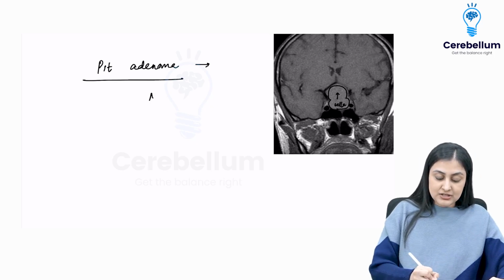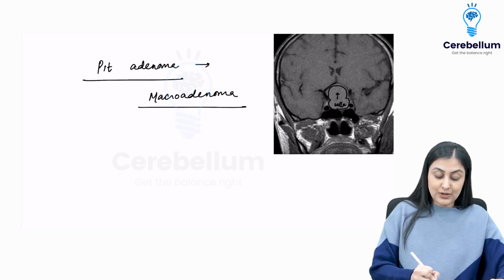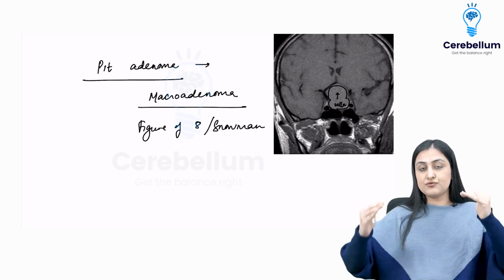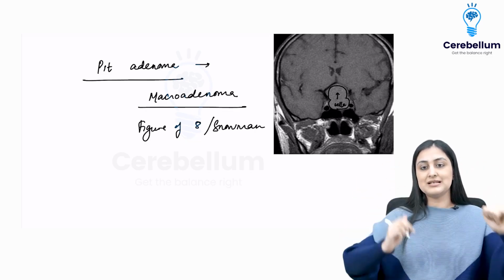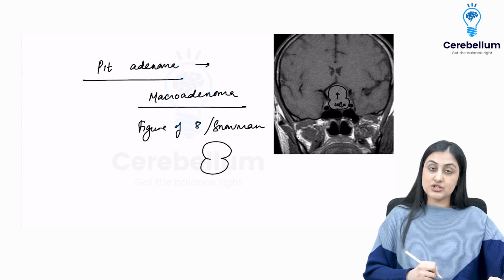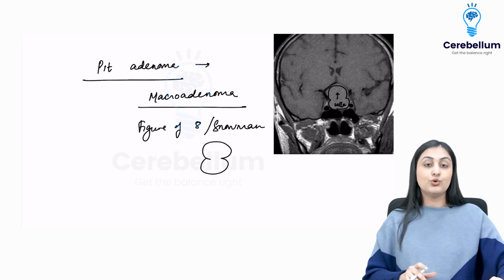Obviously, such a large lesion more than 1 centimeter is a macroadenoma. So this is a pituitary macroadenoma which has this figure of 8, also called a snowman appearance. When it goes from the sella into the suprasellar aspect, it has this constriction and hence the shape. Okay, so this is a macroadenoma.